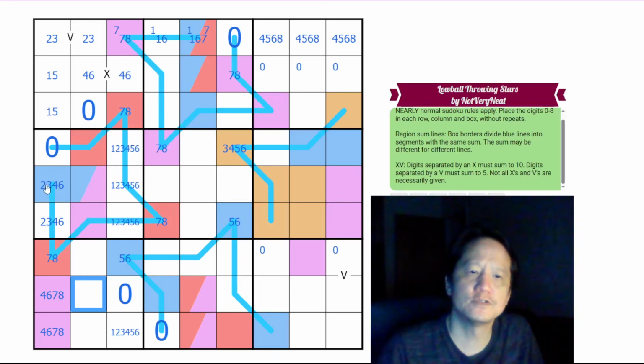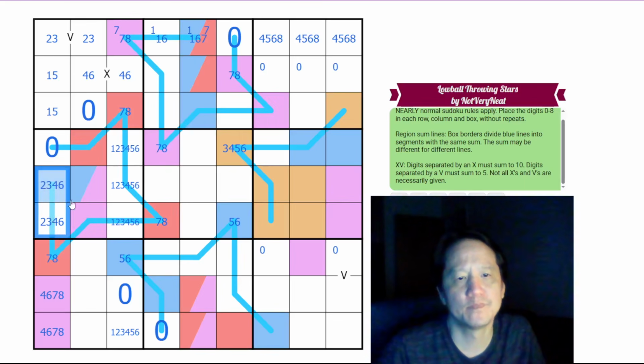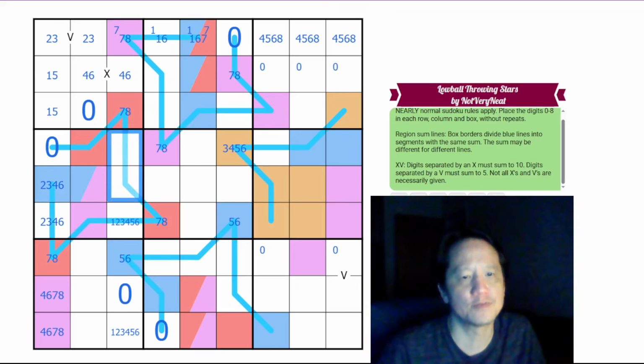If this is 2 and 6 here, this must be 3 and 5 adding up to 8 here, because it can't be 1 and 7. So if this is 2, 6, this must be 3, 5 here.